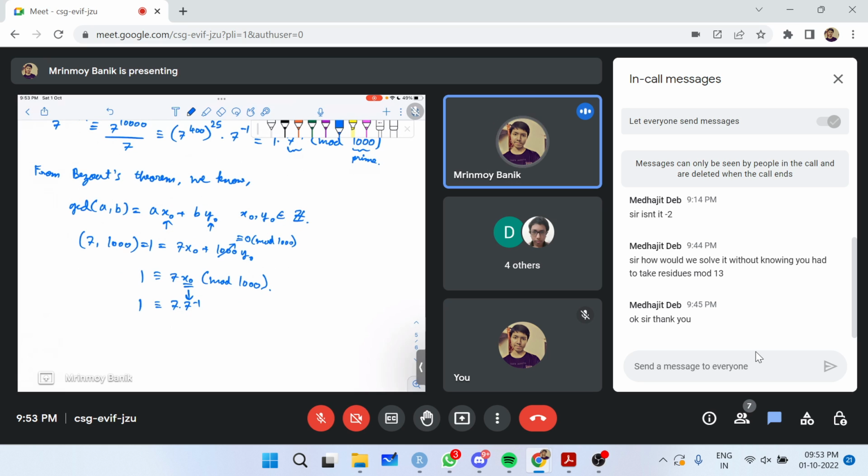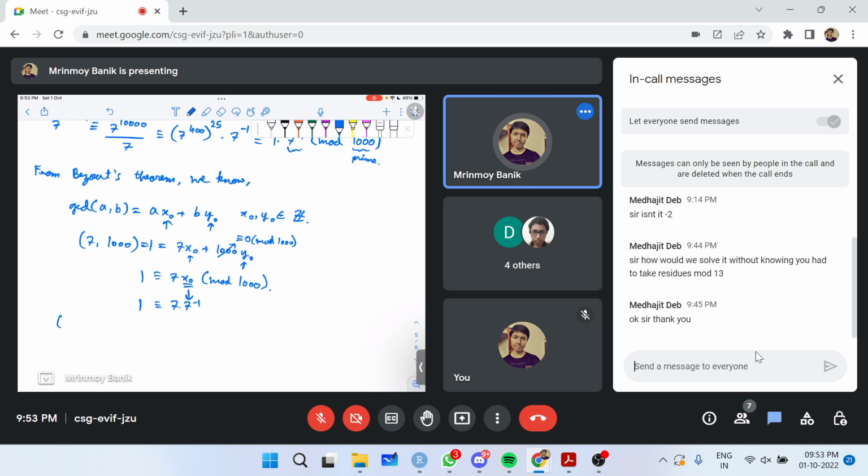Okay, so we need to find x naught and y naught. You can use Euclid's algorithm, like I gave as an example in the last class, to show how to find such coefficients.